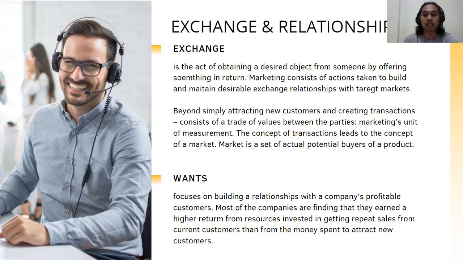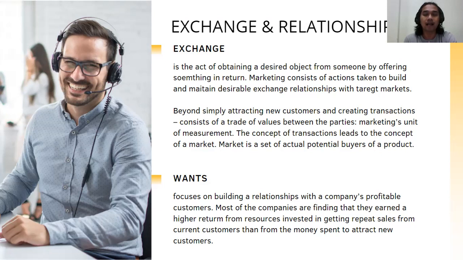Okay, so let us discuss the wants. Wants focus on building a relationship with the company's profitable customers. During our last session, I already discussed the meaning of wants, but most companies are finding that they earn a higher return from resources invested in getting repeat sales from current customers than from the money spent to attract new customers.